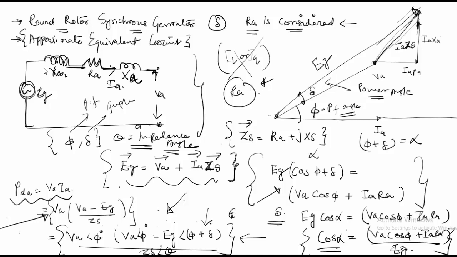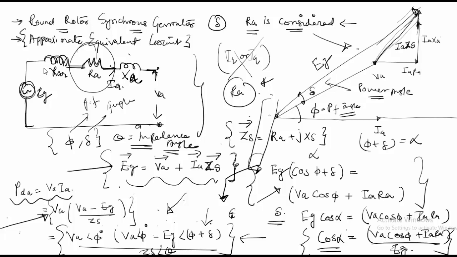So if you have a problem based on considering the resistance to find out, then it's possible to find out from this phasor diagram, or it's possible to derive the equations. Use one of these two equations which is possible to get from this phasor diagram.